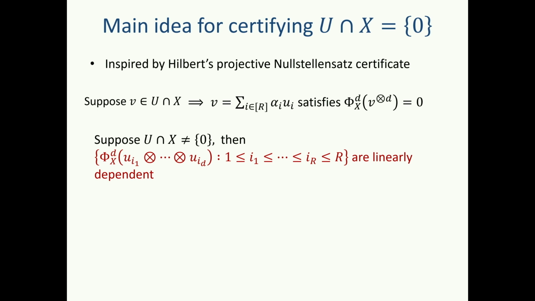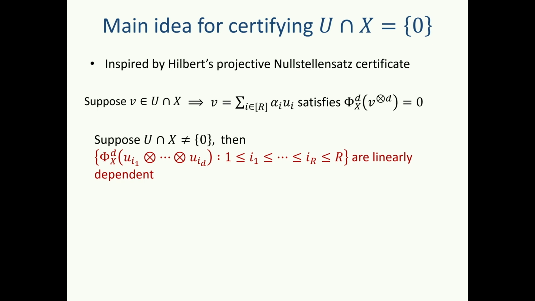Because there are valid coefficients alpha which tell you how to combine all these different vectors, and the combination has to be 0, because the linear map is 0 on this dth tensor product. Okay, so any non-trivial point in the intersection is a witness to the fact that these vectors are linearly dependent.